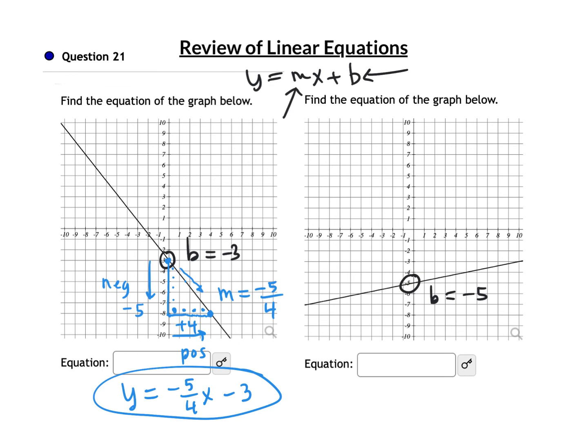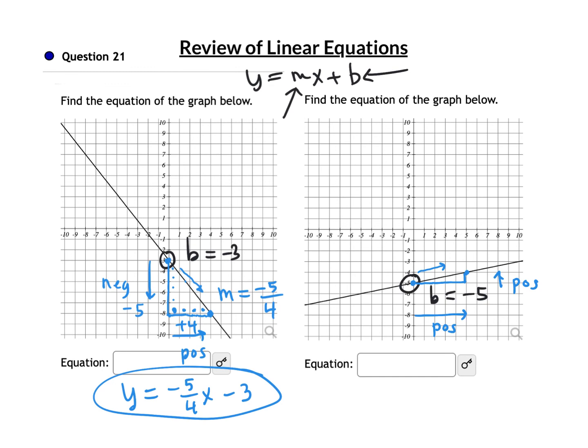For the other graph, we can see it crosses the y-axis at -5, and I'll move one direction or the other, either left or right, and I'll wait till I find a clear grid point. Looks like right there. And then I'll make the slope triangle right here. I'm going to go to the right, that's positive. I'm going to go up, that's positive. So it's a positive divided by a positive, rise over run, which is a positive.